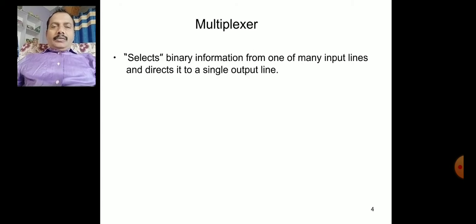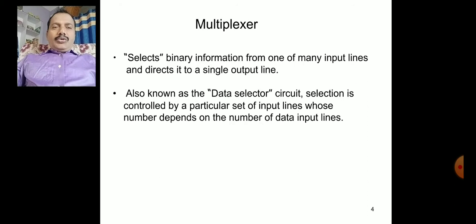Now, a multiplexer selects binary information from one of many input lines and directs it to a single output line. Also known as the data selector.